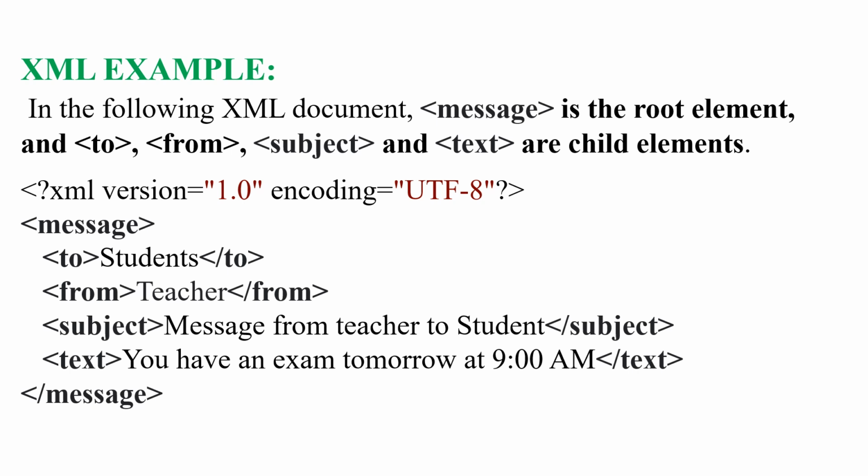Then the tags created by the user should always have the root element. Here for this example, the root element is message, and inside the message the other four tags are treated as children of this message tag. So to, from, subject and text are the child tags of the message.